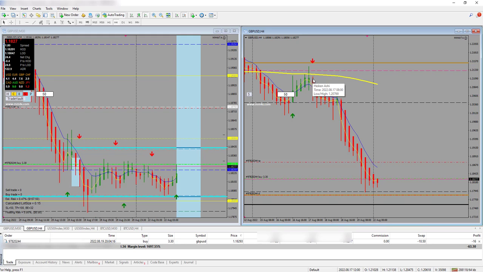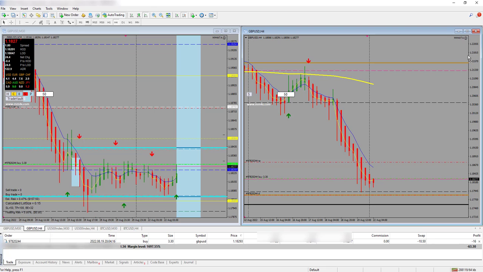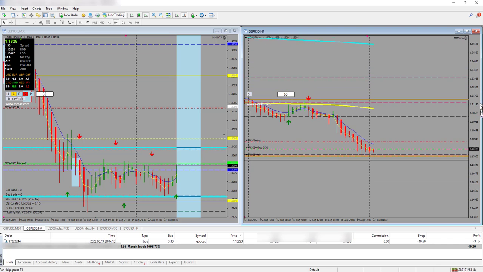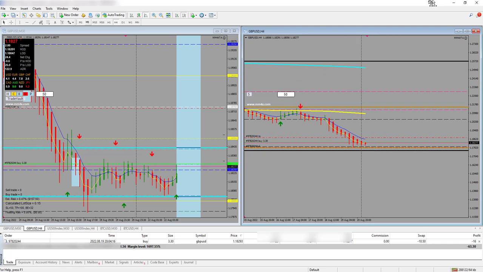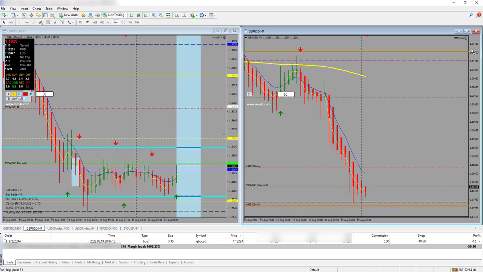So price won't have that far to go before it probably turns back up. So my bias is that this pair wants to go up from where it is now.